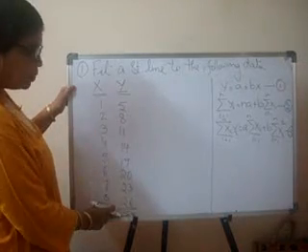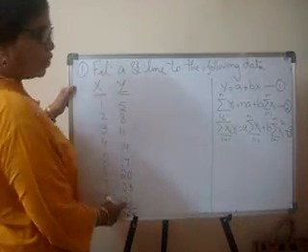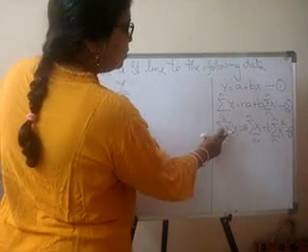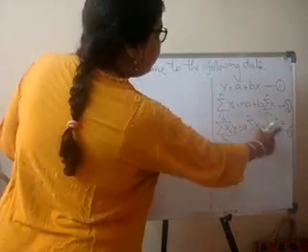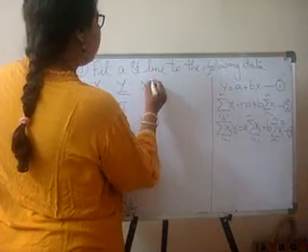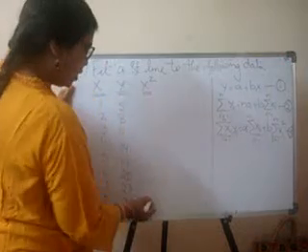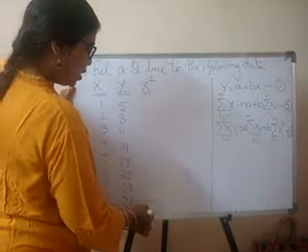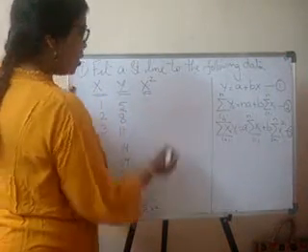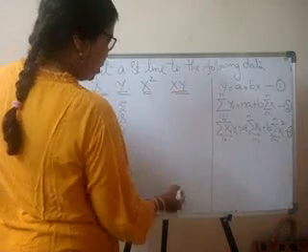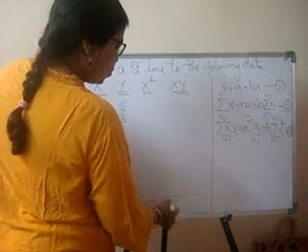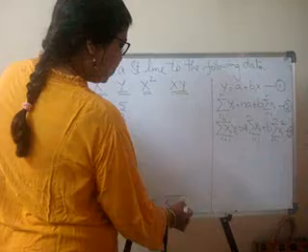Then you want xi, so find x square, and you get summation x square values. And you multiply x into y, and you get summation xy.